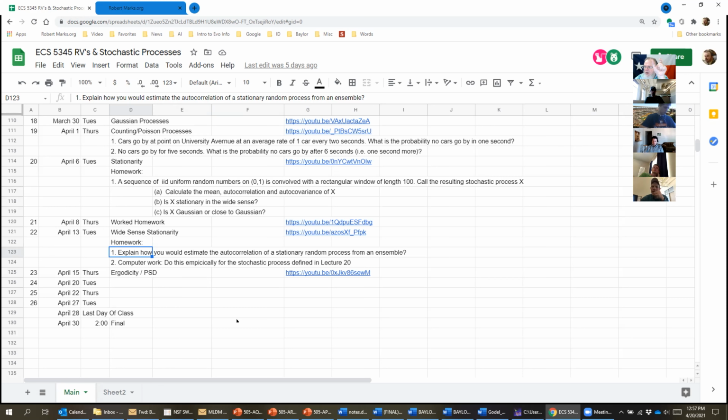This will be computer work, and you generate a sequence of stochastic processes that are, first of all, IID and just white, just independent random variables on 0 to 1, convolve each one with a rectangle function, and then look at that ensemble of stochastic processes in some way to estimate an autocorrelation function.